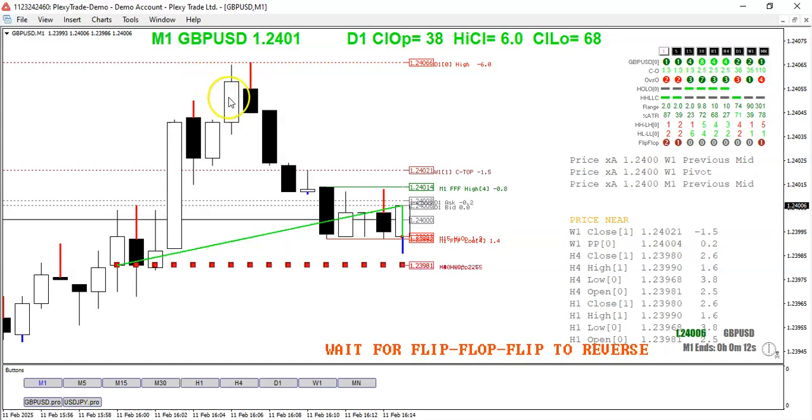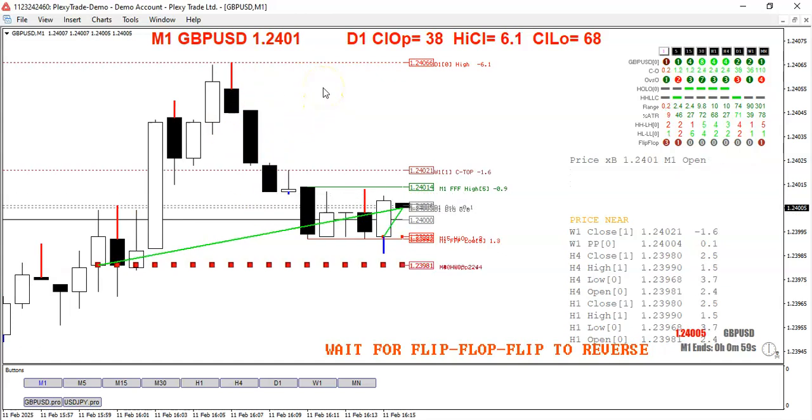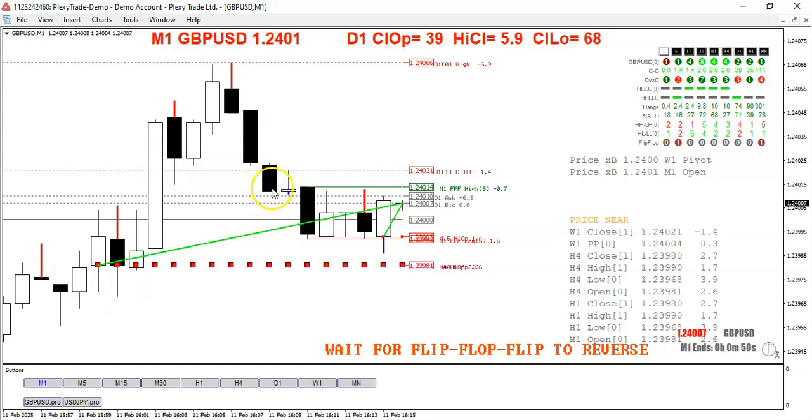And so here you had a flip, or you could call it because it flipped colors and then it started going down. But you want to be careful if you take that trade, really careful. I like to see a flip, a flop, and a flip.